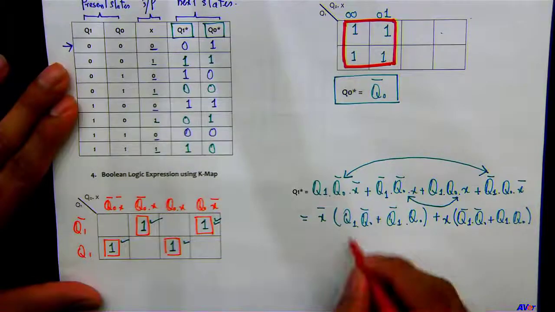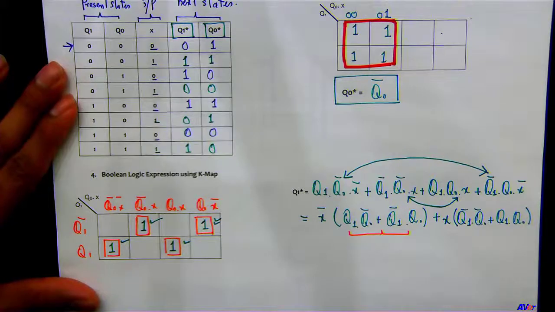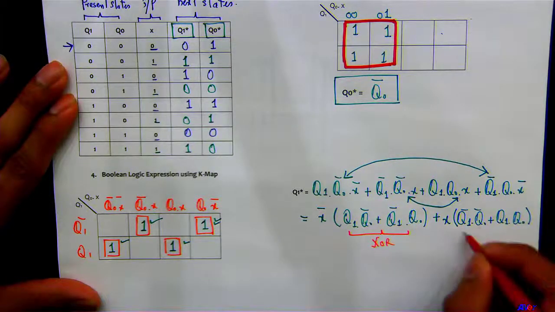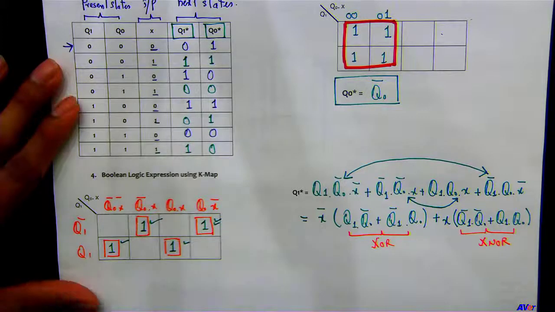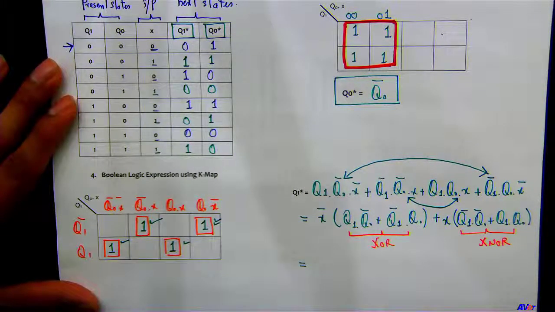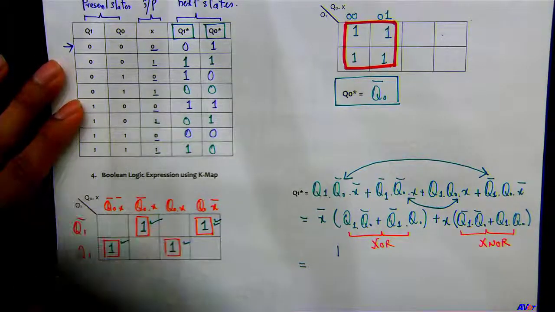What kind of a gate is this, folks? Exclusive OR, right? Okay. And what about this one? XNOR. Okay. And how about this one right here, the whole thing?